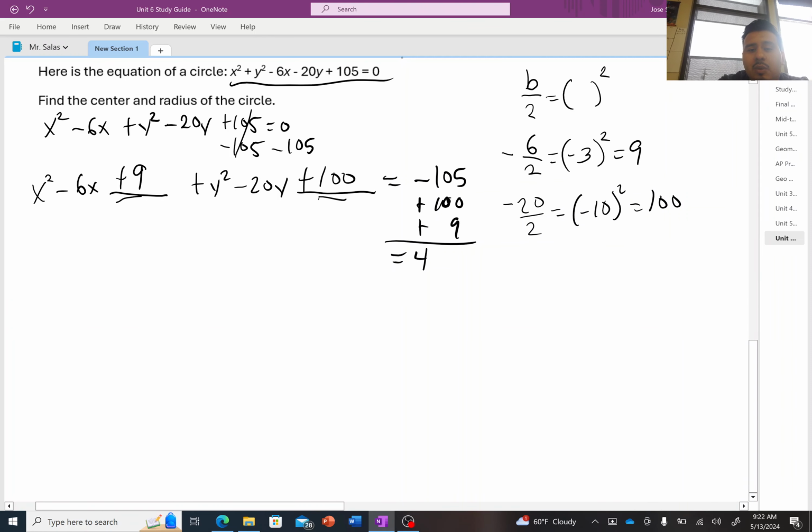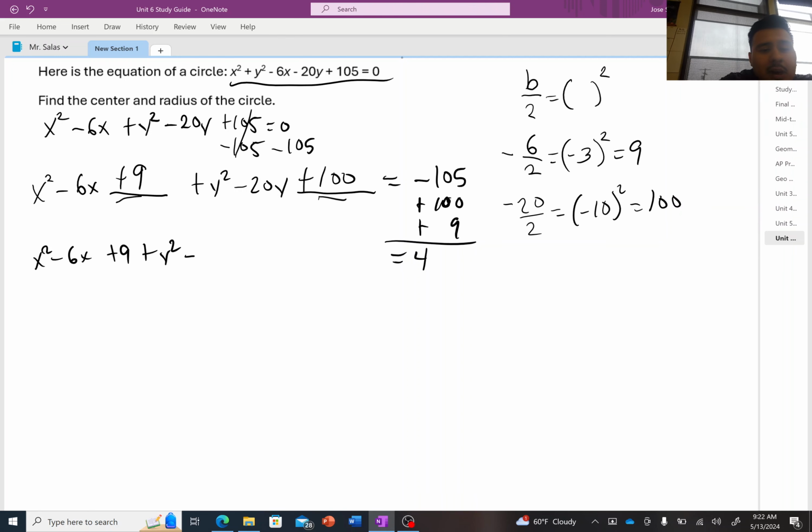And I get x squared minus 6x plus 9 plus y squared minus 20y plus 100 is equal to 4. So I rewrote it over here on this side.